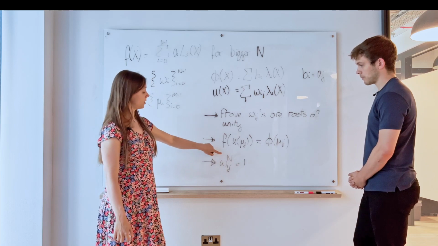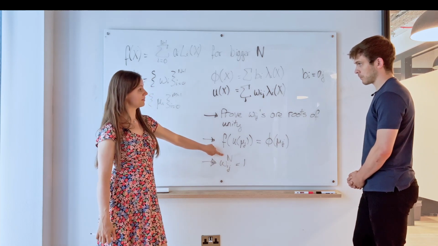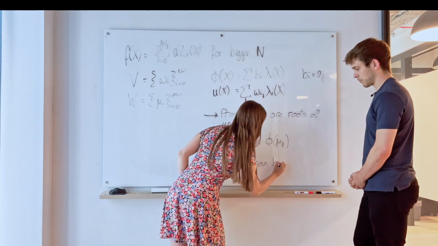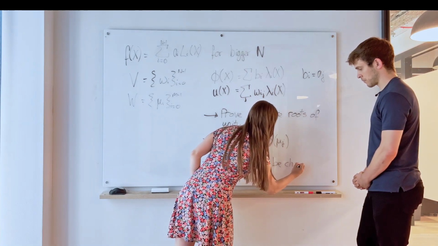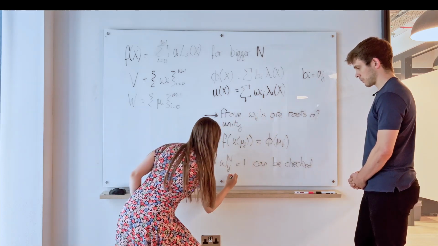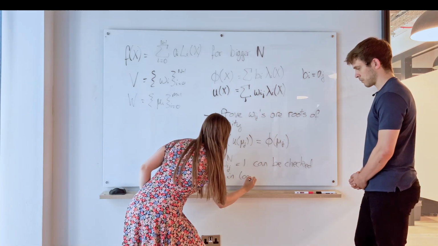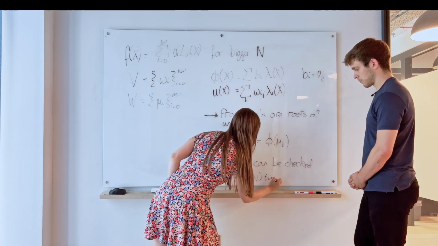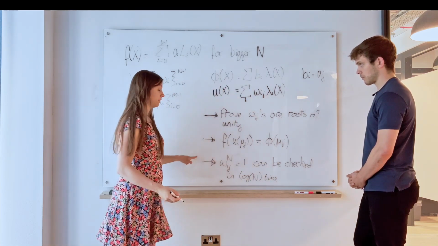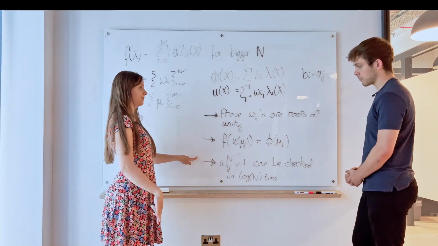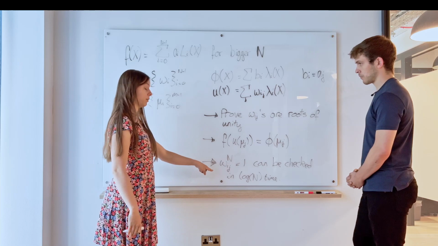You can check this in log n time, to be precise, just by using the square and multiply algorithm inside your constraint system. And that's exactly what we do.